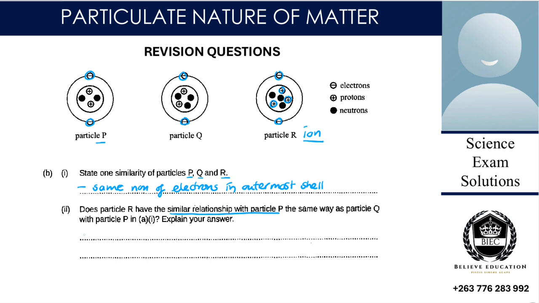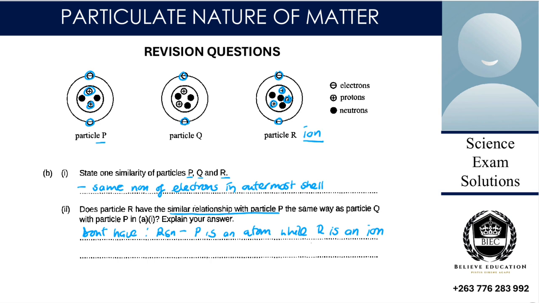The reason why they don't is that P is an atom while R is an ion. That's why they are what? They are different. And also, if you look, they have different number of protons, so they can't be the same.